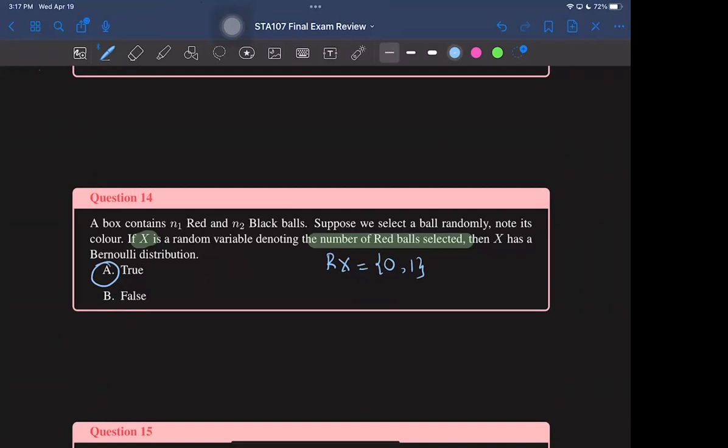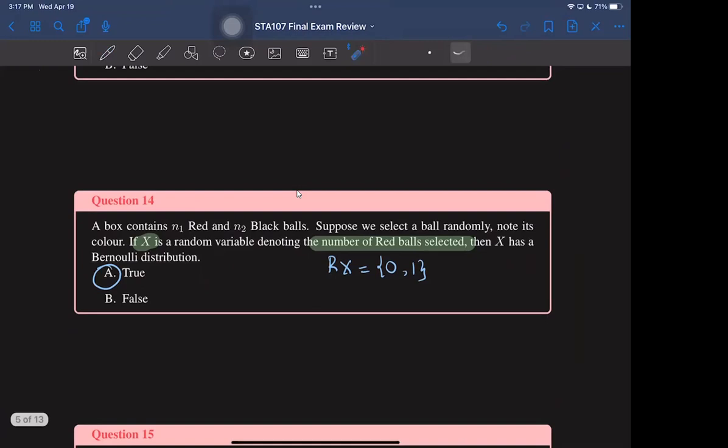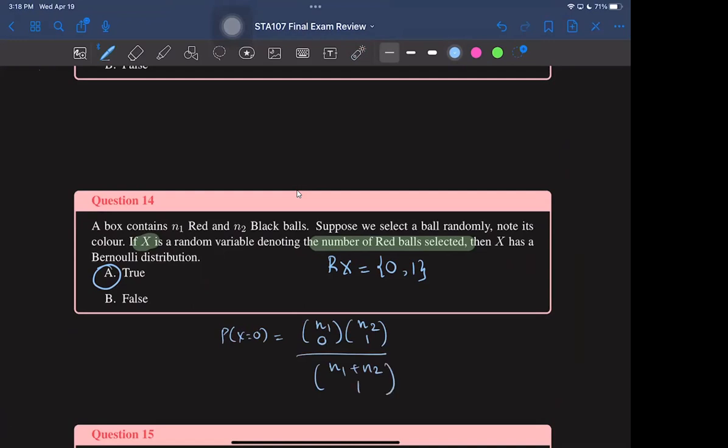Can we treat it as hypergeometric distribution? That is a good question. Yes, you can. Because if you think about it, the probability that X equals 0 can be thought of as: out of N1 red balls, I pick 0, and out of N2 black balls, I pick 1, divided by the number of ways we pick 1 ball from the box.